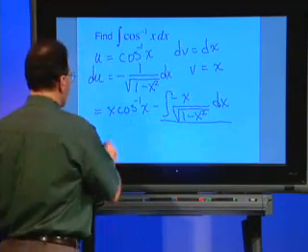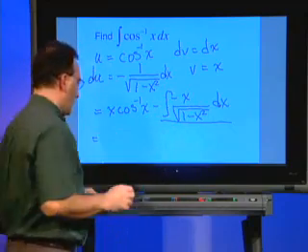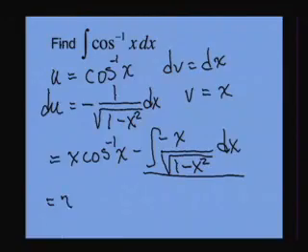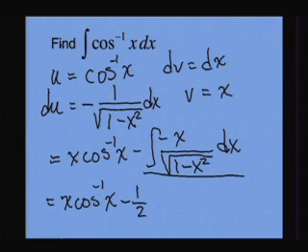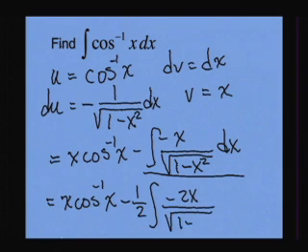So the first part doesn't change at all. We have x times cosine inverse x, and then this is going to be minus 1/2, and I'm going to put negative 2x up here, and you'll see why as I explain, over the square root of 1 minus x squared dx.